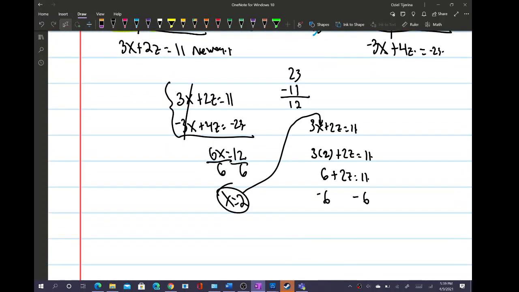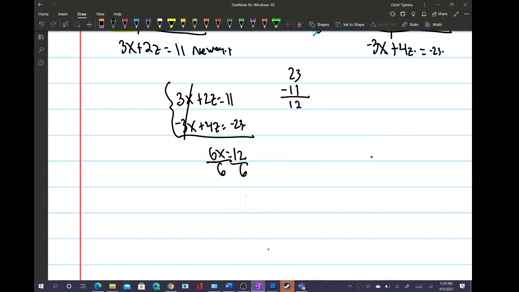Okay, my bad, guys. This was supposed to be 6z equals negative 12. Divided by 6 on both sides, you get z equals negative 2, right?